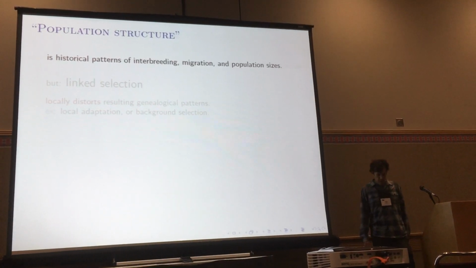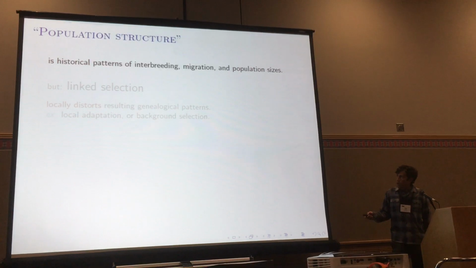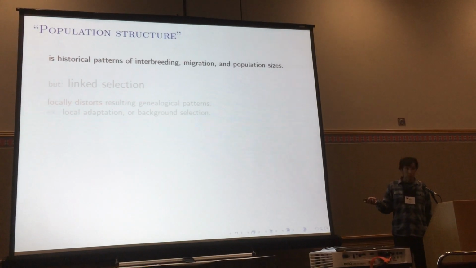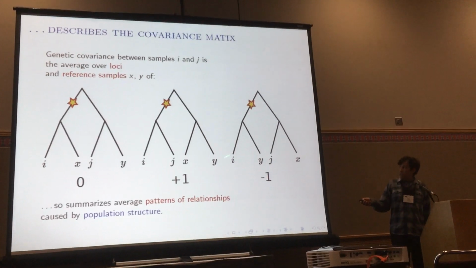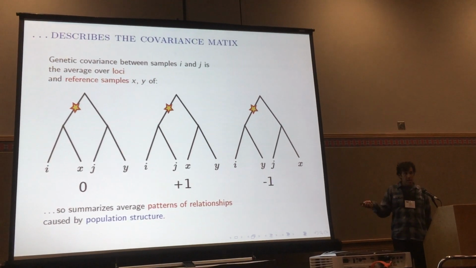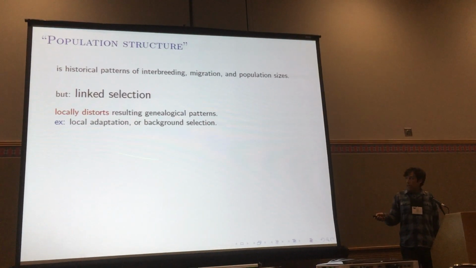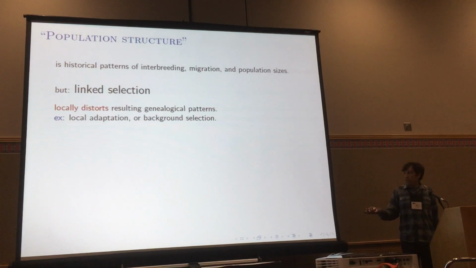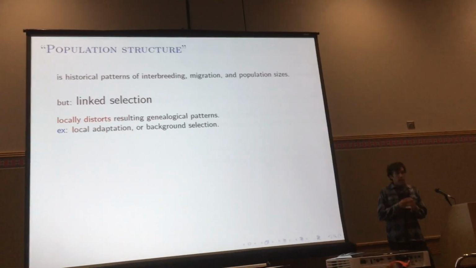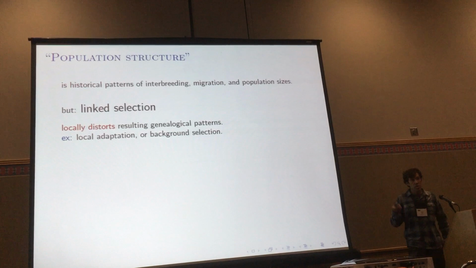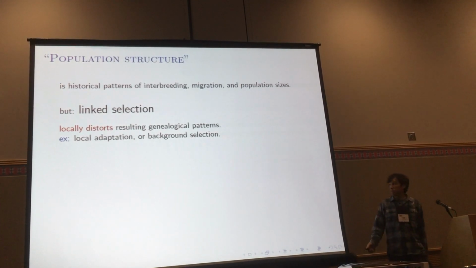But we all know that we don't actually get to infer the demographic history. We just get to infer the trees, and not even then, it's the mutations on the trees. So selection can have a lot to do with that. We all know that selection, specifically linked selection, can locally distort the genealogical patterns moving along the genome.